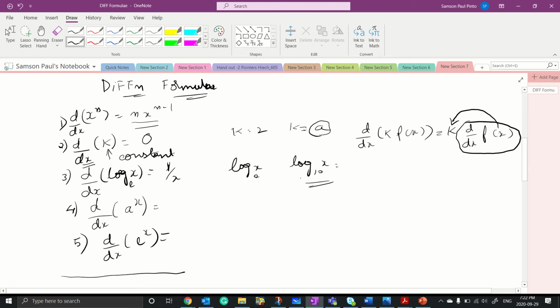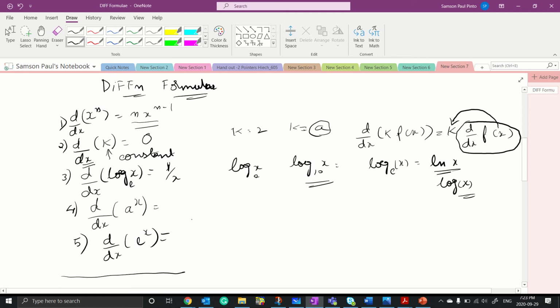That is the practice I follow, but in books the natural logarithm, log base e of x, is normally represented as ln x. I represent it as just log x because it is simpler.